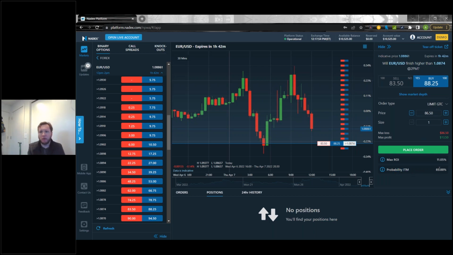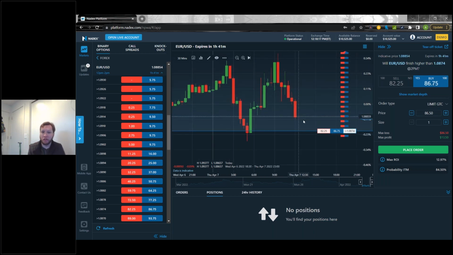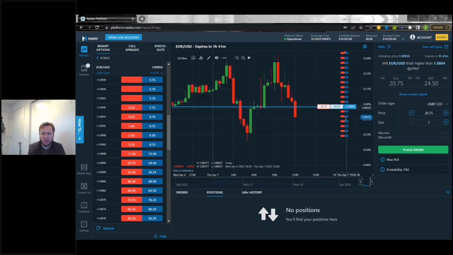And you can see the probability of this happening is a lot higher. In the previous example we were looking at, the probability of the contract expiring in your favor was only, I think, about 25% for a 300% maximum ROI. Now this one has about 15% ROI, but it's a lot more likely that it expires in your favor, purely because if we look at the market, you will notice that I think this was the 300% one.